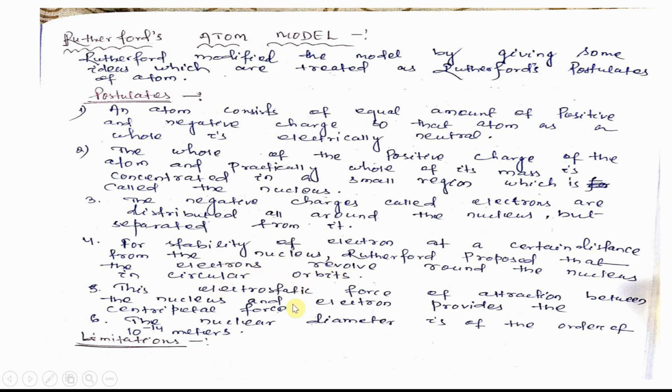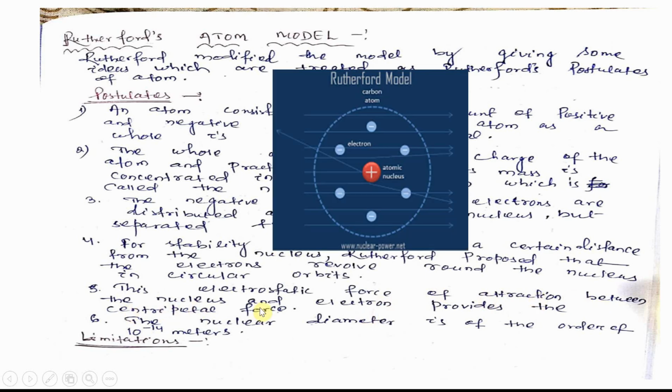This electrostatic force of attraction between the nucleus and the electron provides the centripetal force, and the nuclear diameter is approximately 10 to the power minus 14 meter. You can see here the Rutherford model, how for a carbon atom the nucleus is there.